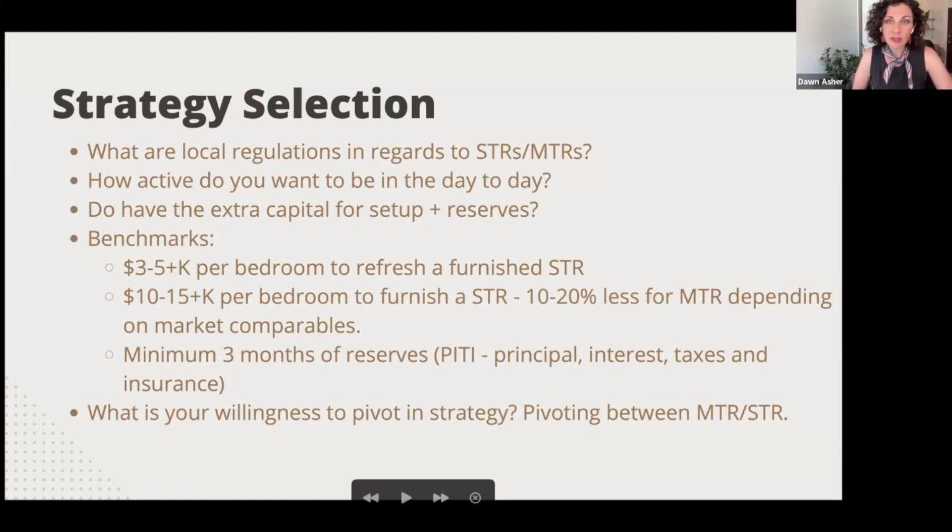Also with these numbers, the way that we phrase it is that the 10 to 15K per room budget, we're talking floor to ceiling. Whereas the refresh, Betsy spoke to a little bit, could be you're just swapping out something, but a refresh can also mean adding in layers. The way that The Olive Jar looks at it is that the layers are what actually build more character in your space.